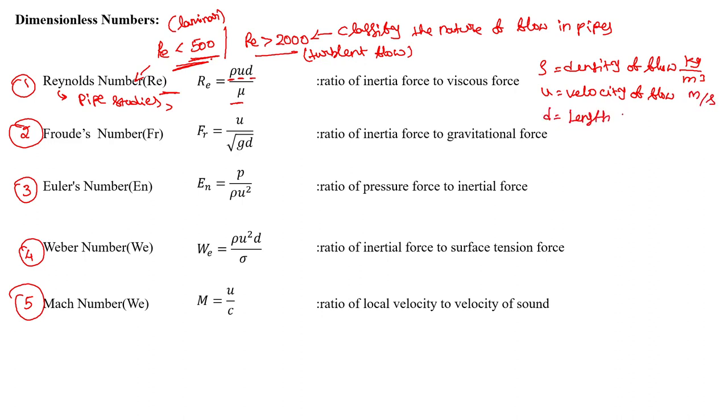We can say simply a length, and units are meter, and mu is the dynamic viscosity. It is kg per meter second.